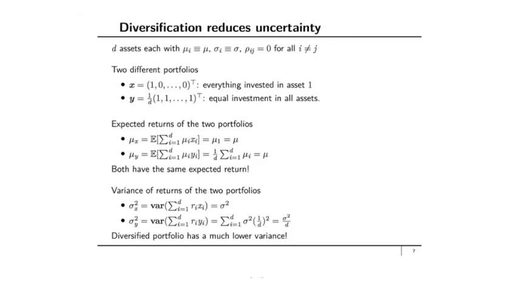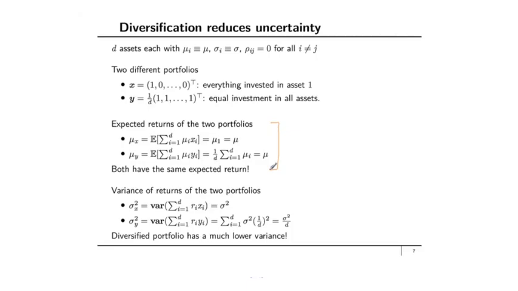The expected return on the other portfolio, Y, which equally invests in all the assets, is going to be the average of the returns of all the assets. Since each of them has the same return mu, the average is also going to be mu. So if we were just looking at the expected value, these two portfolios cannot be differentiated. They both give me the same expected value. We should be as happy investing in X as we should be investing in Y.